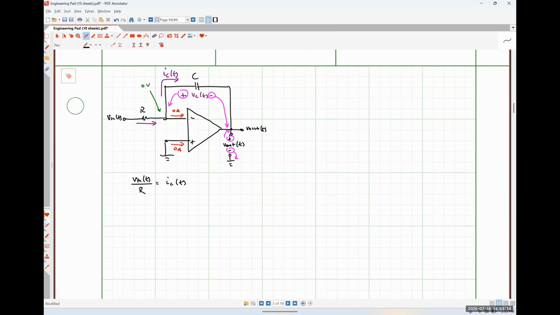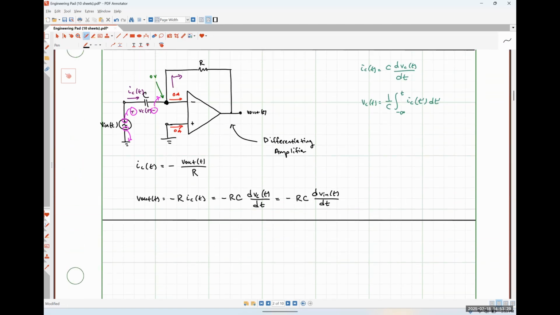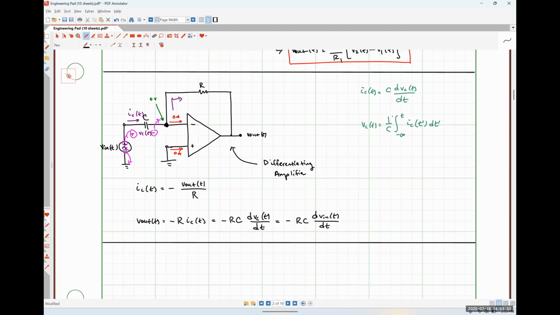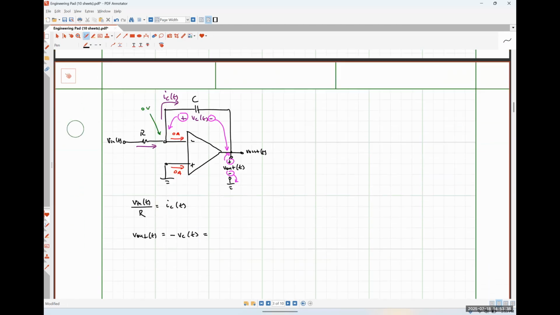So using that relationship that Vout is equal to negative VC of t, and using our integral based relationship up here, let me find it. VC is equal to 1 over C times the integral of our capacitor current.